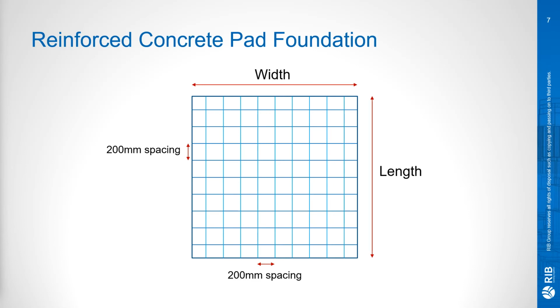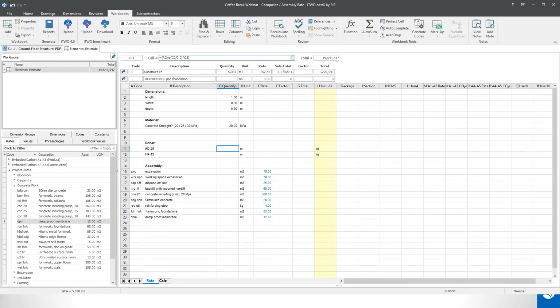So let's return back to costX and continue building the formula. In here, we want to obviously add this, and basically it's a repeat of this formula over here. So I'm just going to copy that and paste it down, but then switch it around. So instead of referring to cell C2 over there, we want to refer to cell C3, and over here we want to switch that around to refer to cell C2 as the length of each bar.